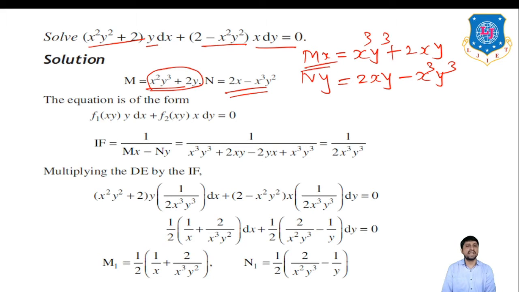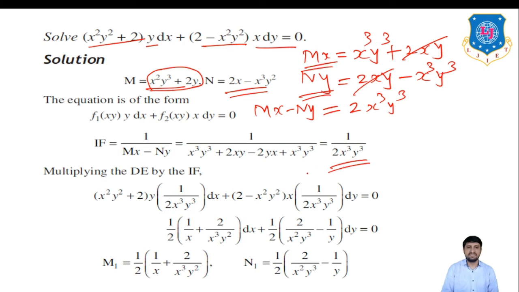So m into x minus n into y: x cube y cube plus x cube y cube gives 2x cube y cube, and 2xy minus 2xy cancels. So 1 upon 2x cube y cube is your integrating factor.